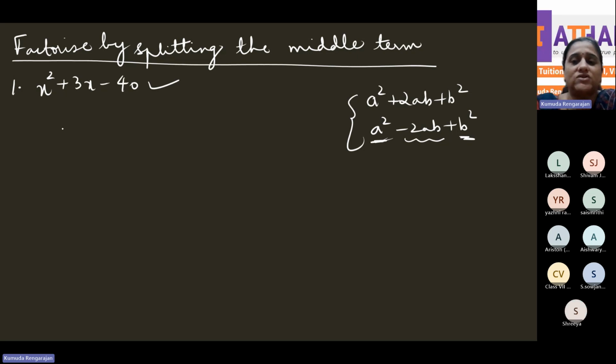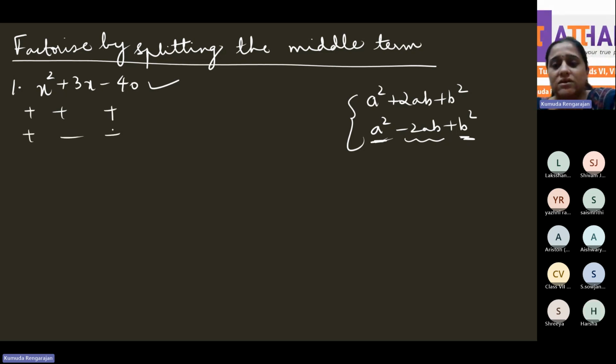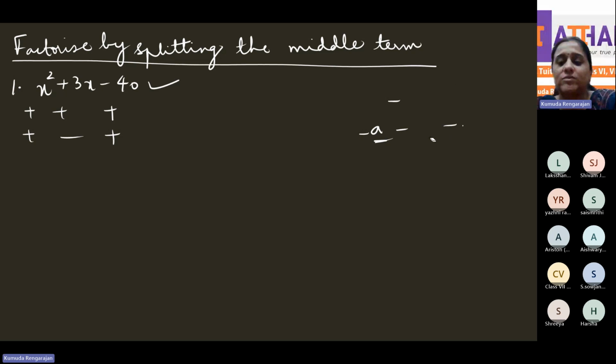The signs don't match. Either all three terms must be positive, or it should be plus, minus, plus. If it's negative, only the middle term can be negative. The first and the last terms have to be positive.